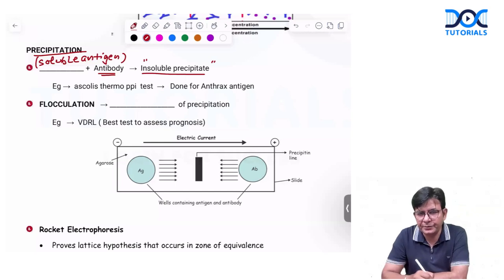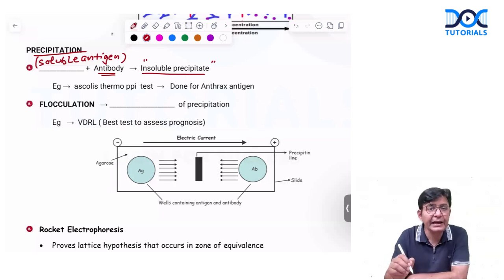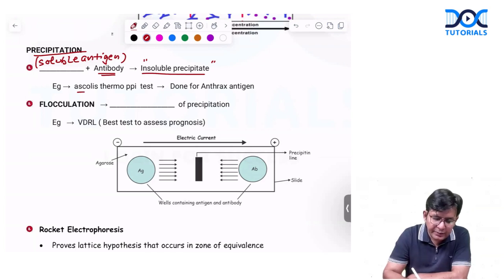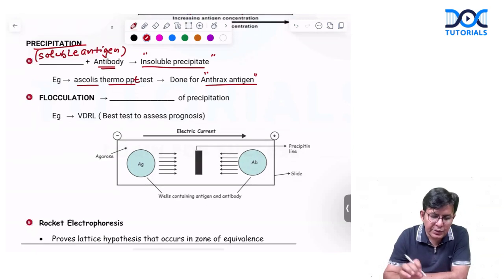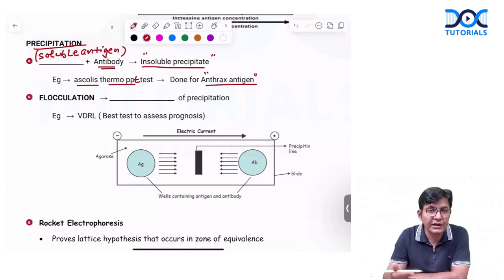Insoluble precipitate. Okay, and even these come in the form of what? CAR test. Like previously they used to use what? Ascoli's thermoprecipitation test, and that is done for what? That is done for the anthrax antigen. So it is also this Ascoli's thermoprecipitation test.